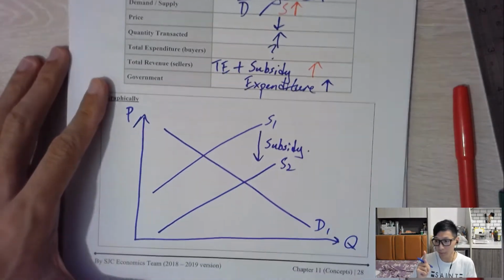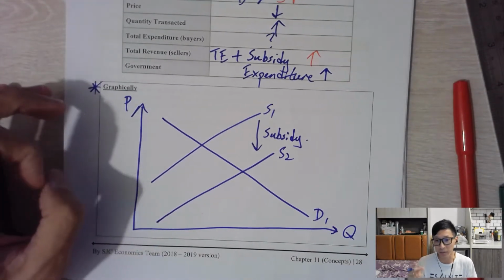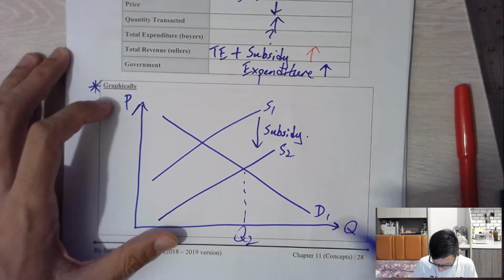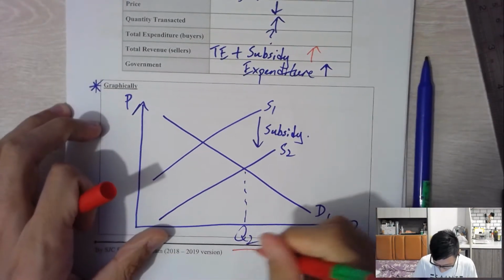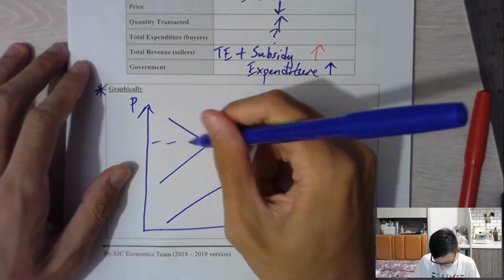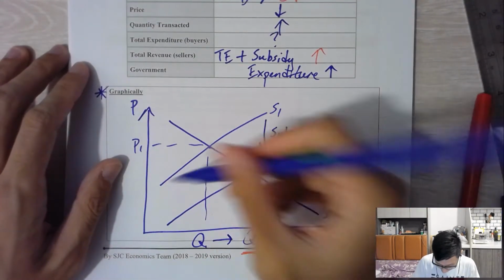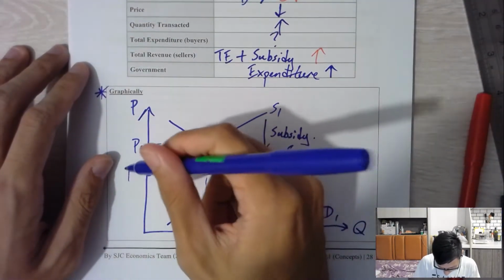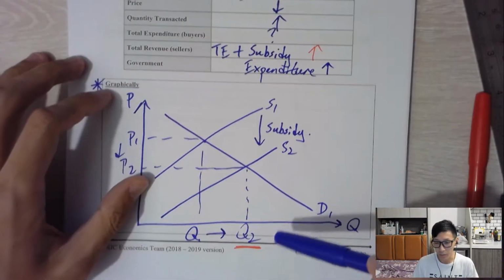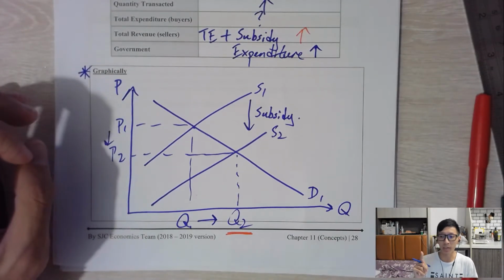Be careful. Do you remember when I was teaching per unit tax, I mentioned that the important one is Q2, not Q1? Here we have Q1, we have P1, we have P2. Remember, Q2 is the important one. Why is it important?